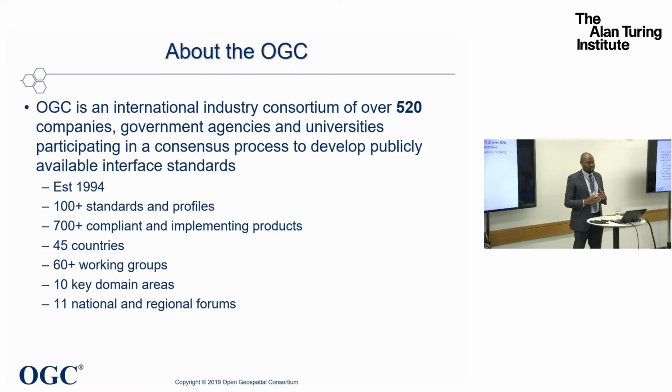And these products are developed by not just commercial organizations, but also nonprofits, universities, and other organizations. Our membership, as well as the products that implement OGC standards, cover basically more than 45 countries. And what we've done is to organize the consortium into working groups that focus on domains, working groups that focus on specifications, but we've also set up regional forums.